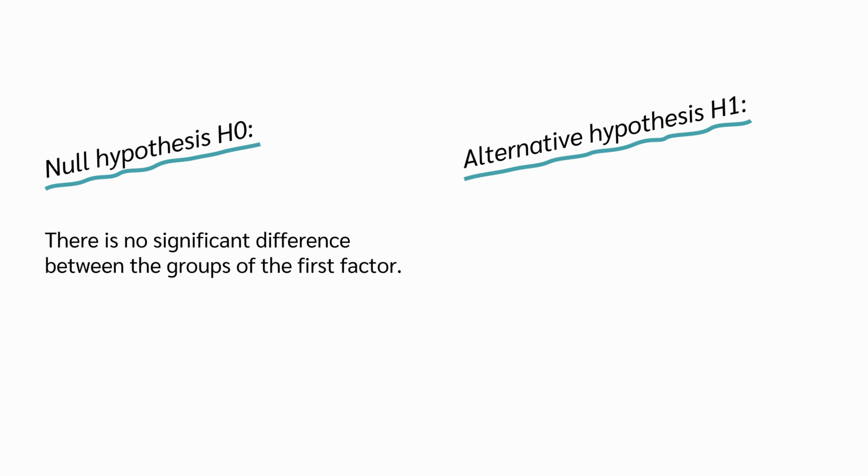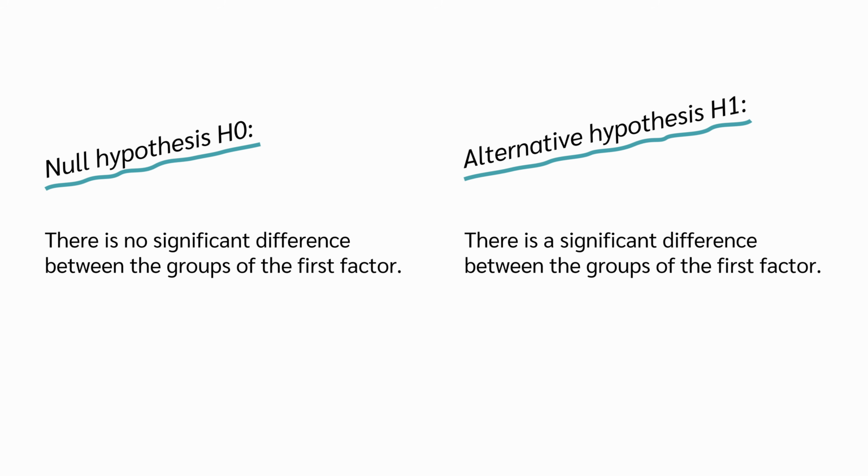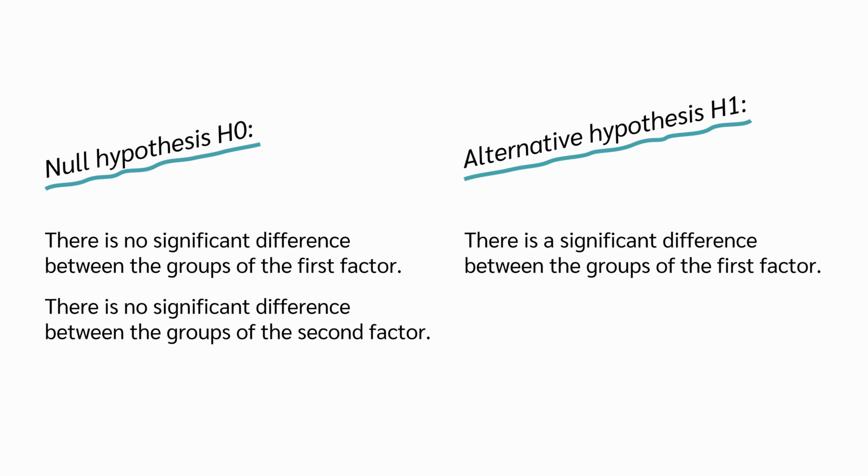The first null hypothesis is there is no significant difference between the groups of the first factor. And the alternative hypothesis, there is a significant difference between the groups of the first factor. The second null hypothesis is there is no significant difference between the groups of the second factor.